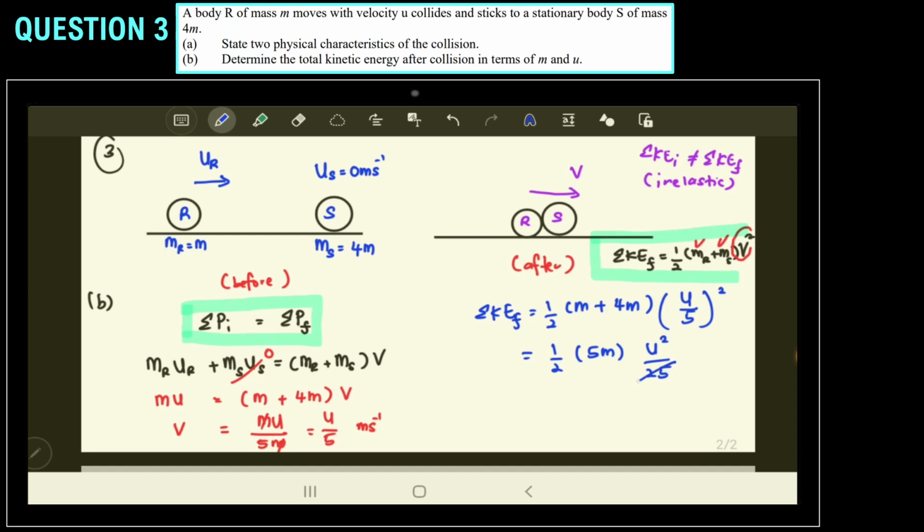So you can cancel this. So this is equal to mu squared over 10, where 1 over 10 we can write as 0.1 mu squared. I just put the unit as joule here, so we can just leave the answer as 0.1 mu squared. So let's move to question number 4.